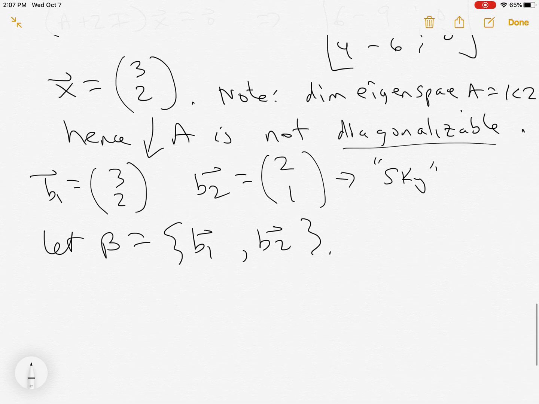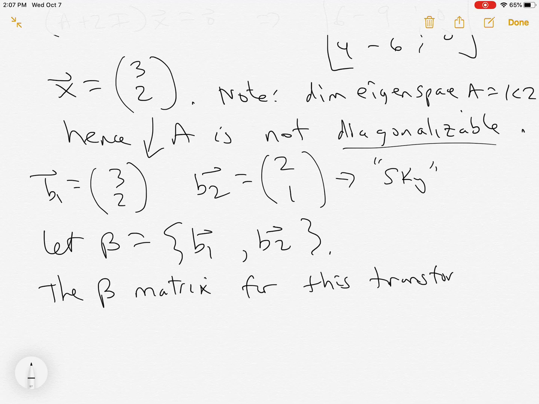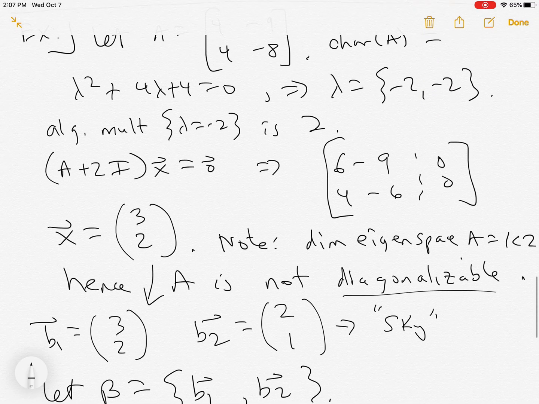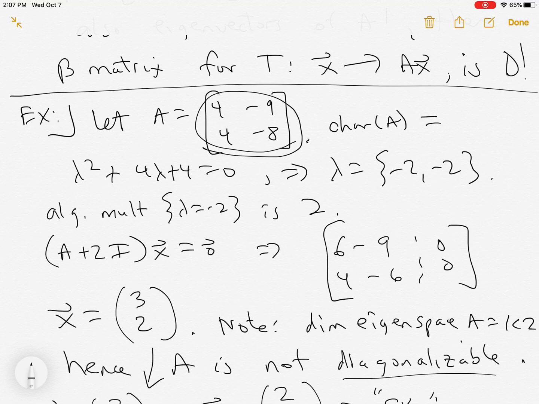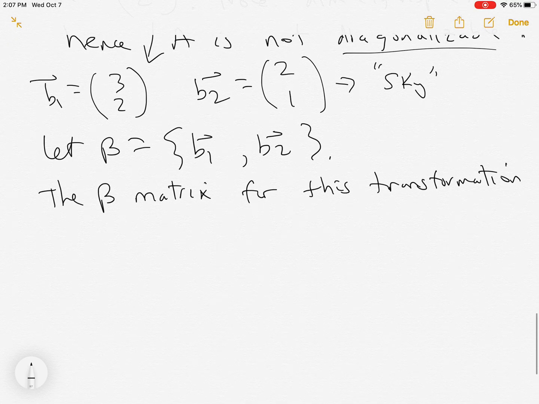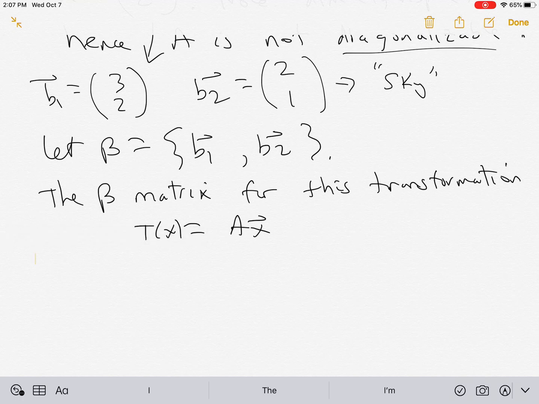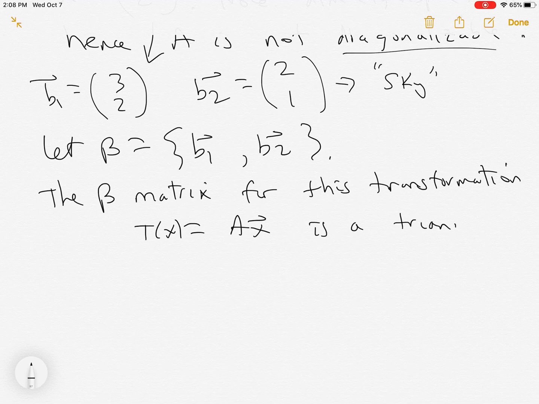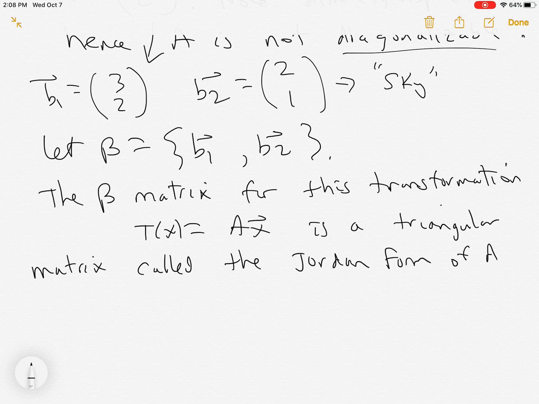So the B matrix for this transformation, which is T of x equals A x, defined by this matrix up here, is a triangular matrix called the Jordan form of A.